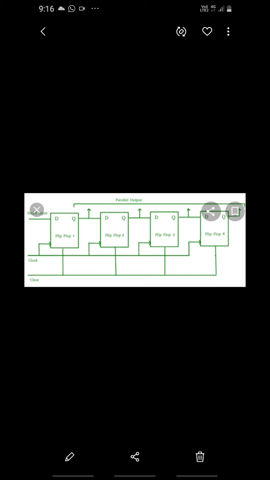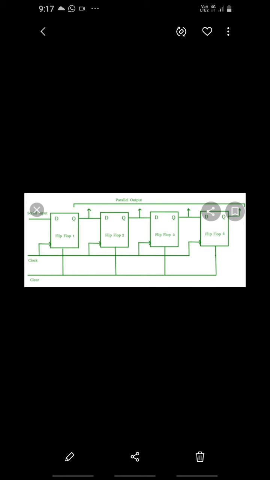So here, 4-bit shift right register using positive edge triggered D flip flops. It may be noted that the shift right register is an example for a serial in, serial out shift register with the four stages, that is, 4 flip-flops.